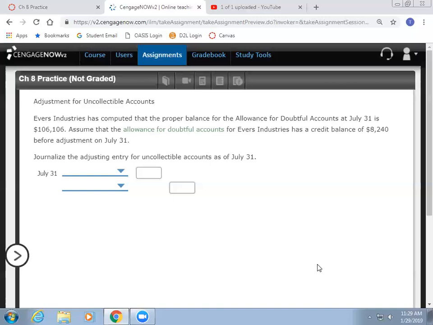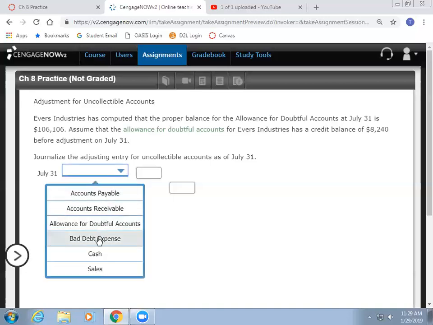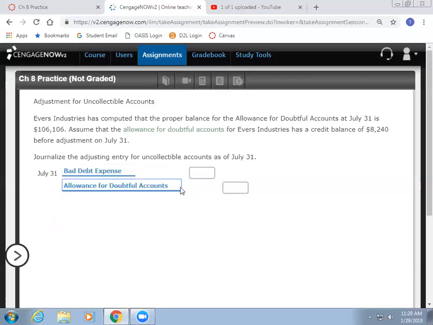So I would just make a note, when we use the aging of receivables method, you have to consider the allowance for doubtful accounts balance. So in this case, we had an ending credit balance in allowance for doubtful accounts.